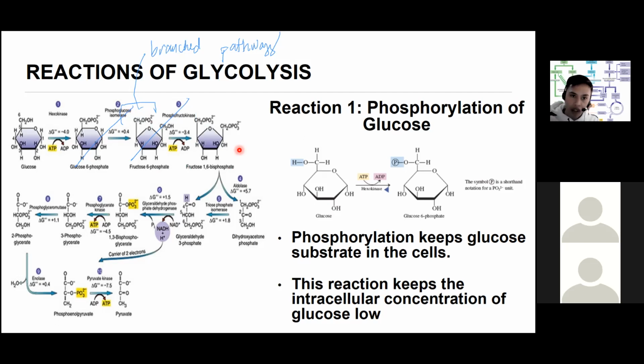But however, if you successfully convert this product into this product in step 3, this product is already highly specific only for glycolysis. That's why I said that step 3 commits glucose to glycolysis because you can no longer proceed to any other reaction except the remaining reactions of glycolysis.